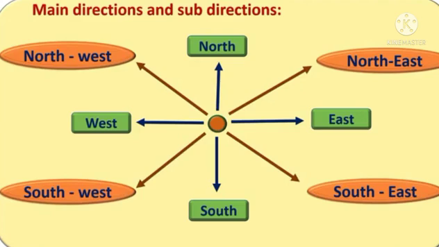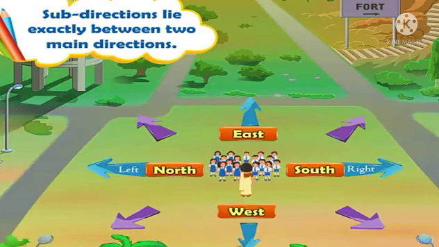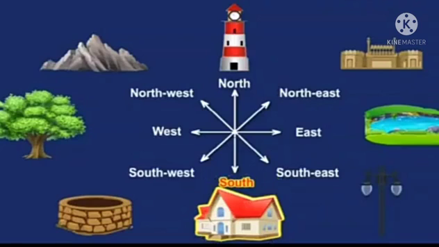The sub-directions of these 4 main directions are northeast, northwest, southeast and southwest. Sub-directions lie exactly between two main directions. Now students, open your textbook, page number 81.